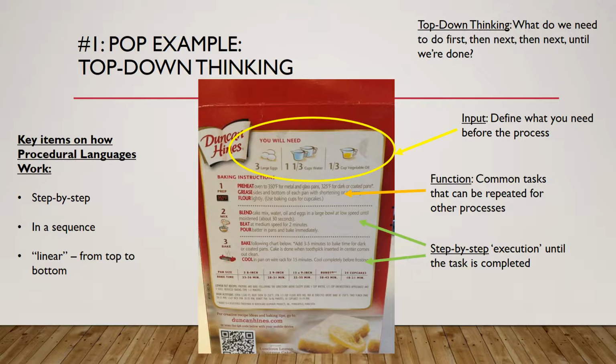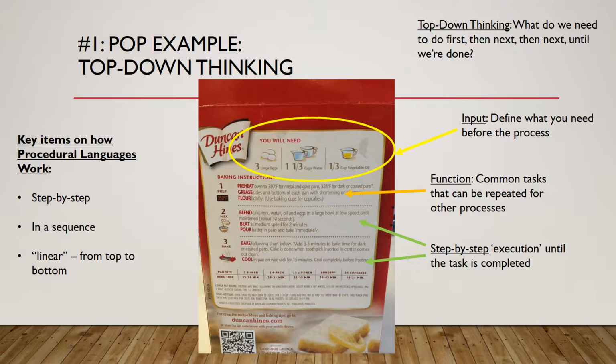I also indicated on the right-hand side functions. Well, functions could be groups of processes that we would perhaps repeat over and over. Rather than writing the same code over and over again, we can bundle a small group of code into what's called a function and just keep calling that function over and over again in the program as we need.